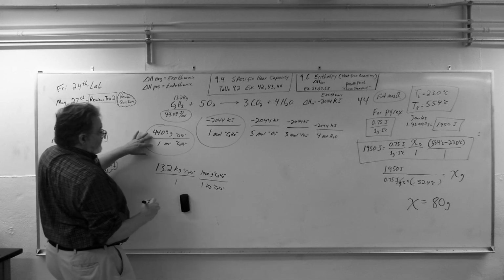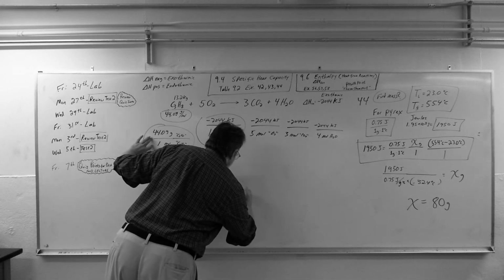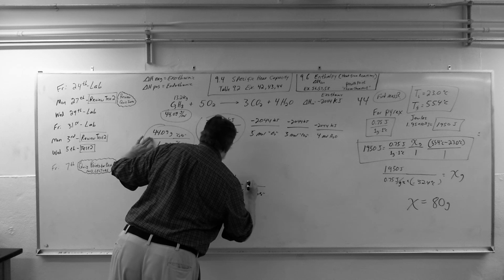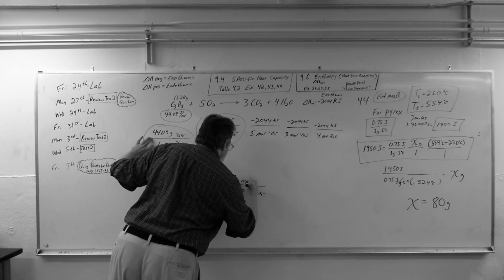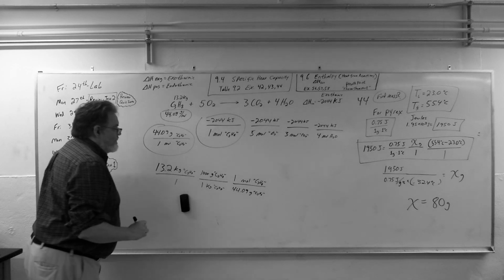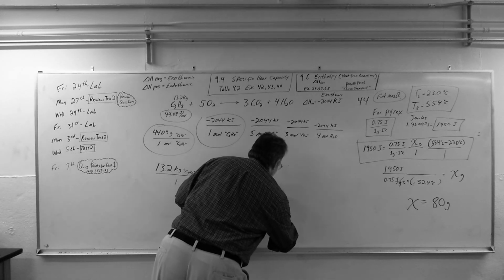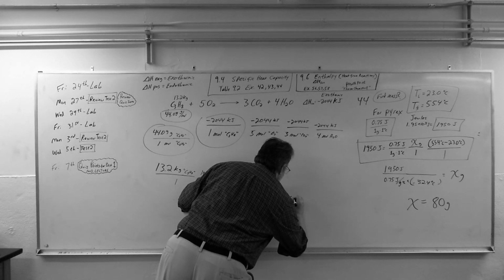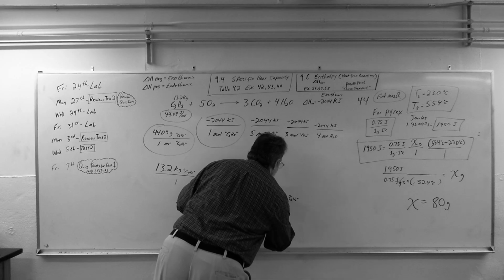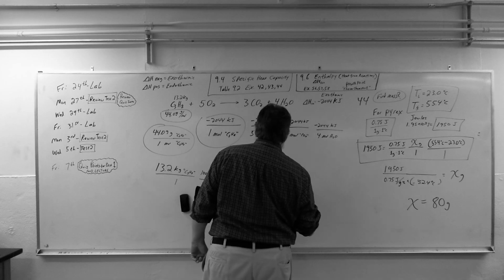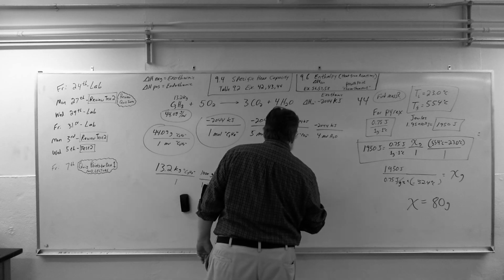And now I'm using this 44.09. The C3H8 is 1. C3H8. And I'm almost there. Now I need this 1 mole of C3H8, negative 2044 kilojoules.